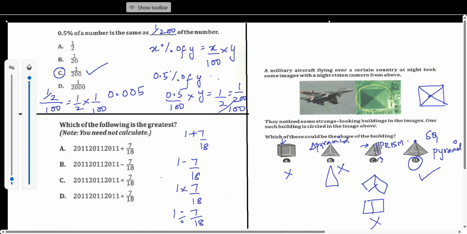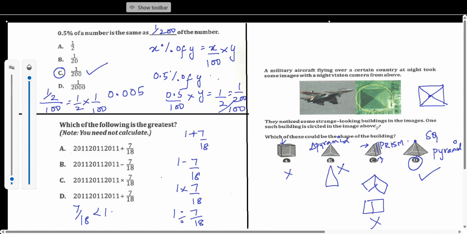7 by 18 is a fraction, a proper fraction, which means the numerator is lesser than the denominator. Clearly, the value of 7 by 18 is lesser than 1. So, that's a very small value. It's a decimal value that's lesser than 1. When added to 1, it would produce a little increment above 1.